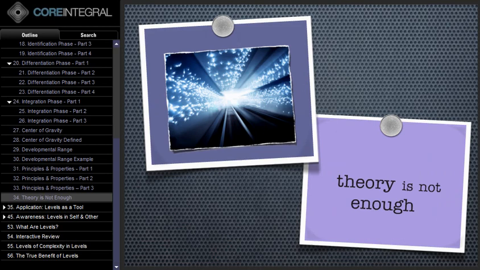Understanding levels conceptually is just the beginning. The initial steps on the path towards truly expanding your capacity for growth and truly deepening your ability to realize all the benefits of a developmentally informed view.